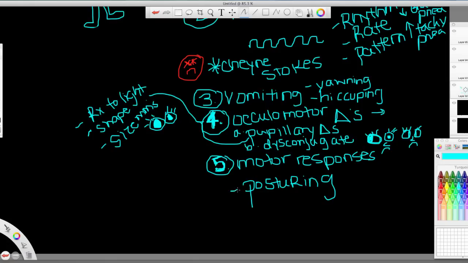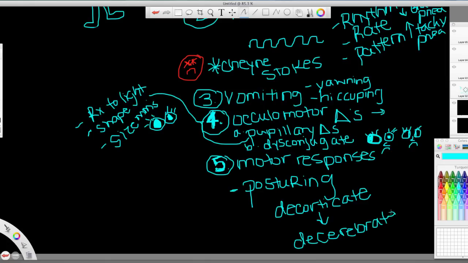And then posturing is an involuntary response. It's an abnormal motor response to painful stimuli. So we have two types of posturing. We have decorticate, which is the less severe, and then we also have decerebrate, which is the more severe. Sorry for my messy handwriting.